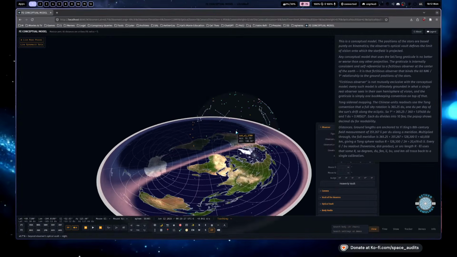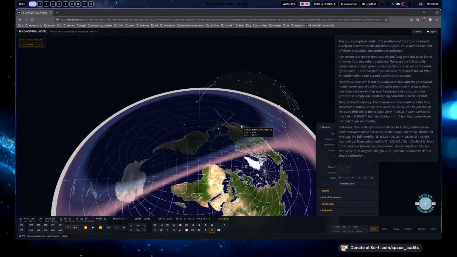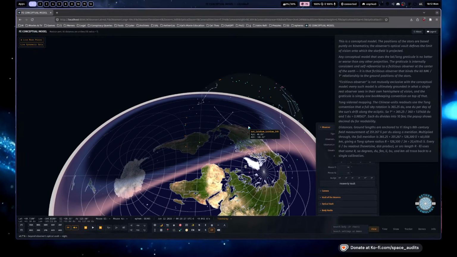And then the English came around and linked everything to a central observer in time and made it relative to their meridian, their prime meridian for Greenwich.